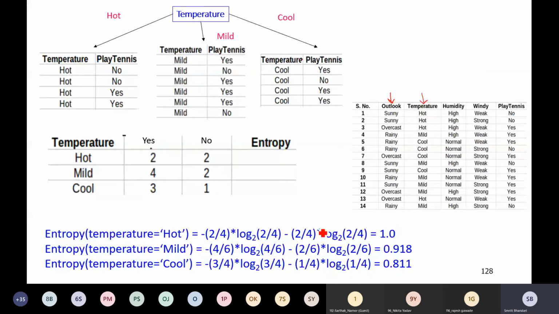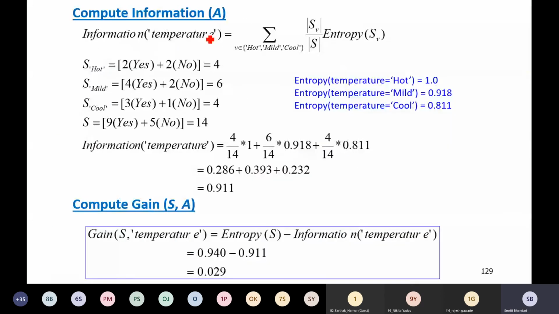Based on these values and following similar steps, we need to compute information for attribute temperature. We are following the same steps, okay? And information for temperature comes out to be 0.911.